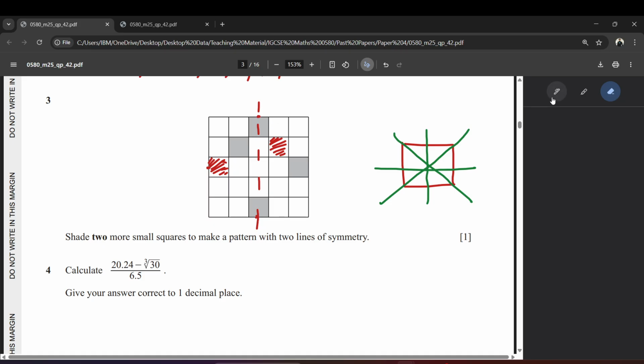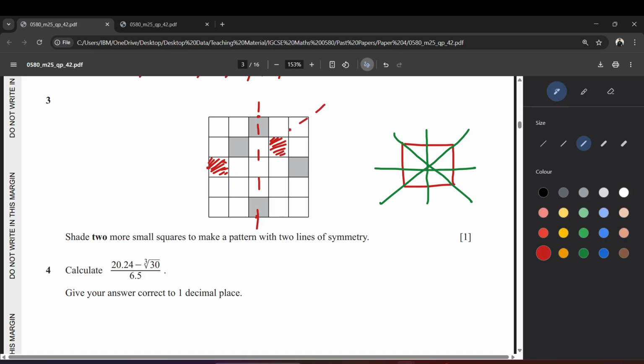All right, so if we try something else, let's say I want a line of symmetry diagonally. For this purpose you need to shade this box as well, but you cannot shade three boxes. It only asks you to shade two more small squares, right? But now notice that if I were to draw a line of symmetry from here to here, and let's say I do not shade this one, then it can give you two lines of symmetry perfectly.